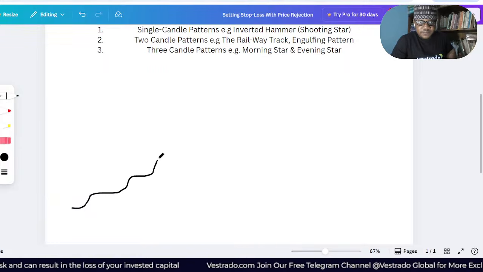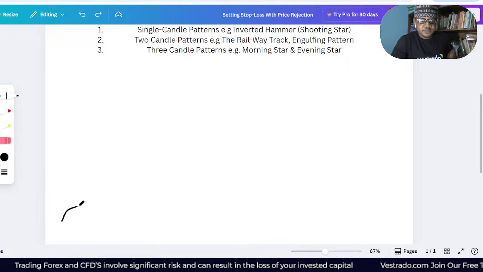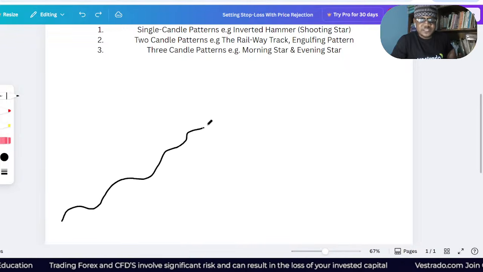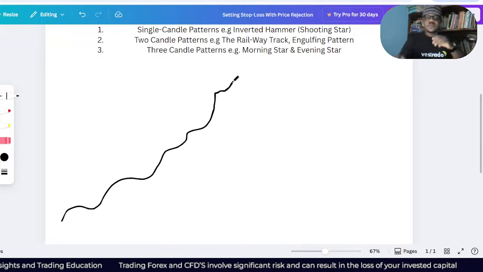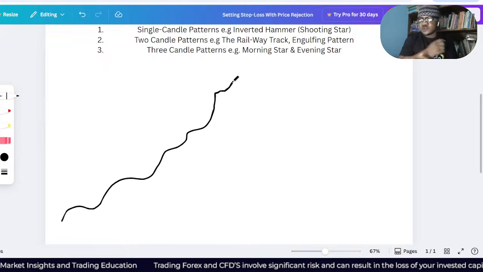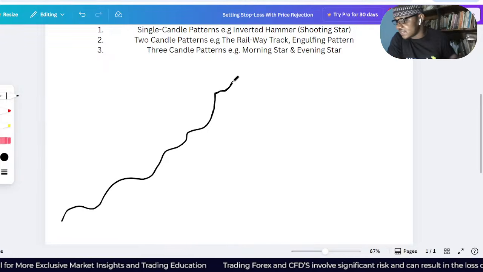Now, imagine price is headed up, right? Gets to a particular level and then wham! It's like when a toddler, 1 year old, is trying to test the hotness of fire. I said that yesterday.